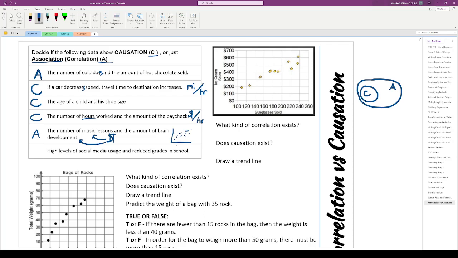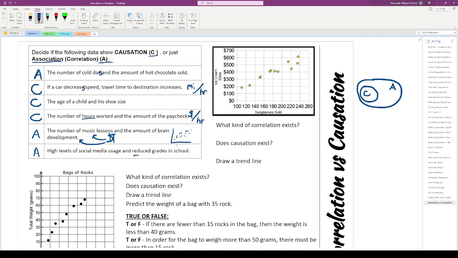Okay, high levels of social media usage and reduced grades in school. I would say no. There's no reason to say that one of those causes the other. So this one was a case of a third confounding variable that affects both of them. We'd have no evidence for the directionality of this relationship or if there's another thing causing both of them.